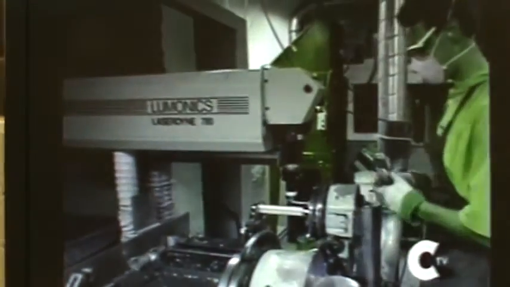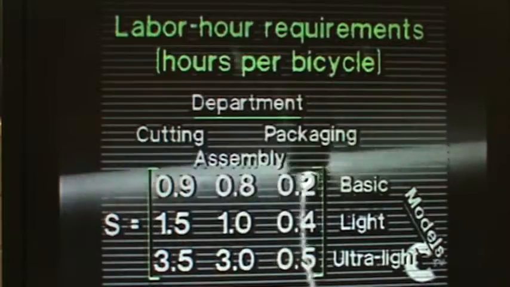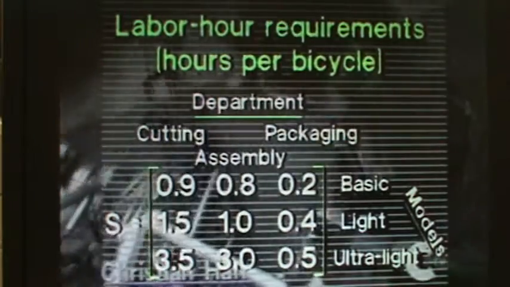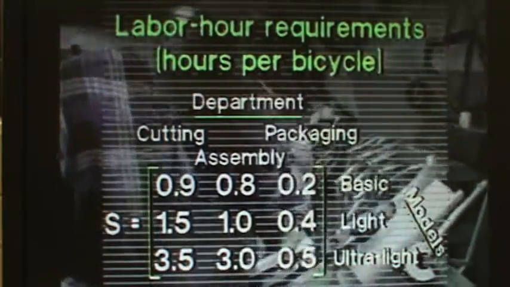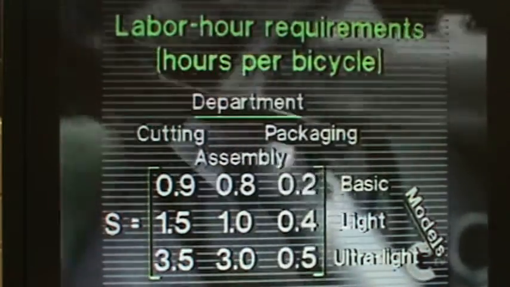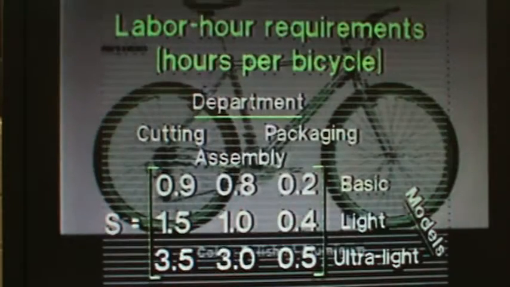A company that manufactures racing bicycles has the following labor hour and wage requirements. Here's a graph of part of those requirements. The labor hour requirements. This is hours per bicycle for the entries in the matrix. Now notice the departments: cutting, assembly, and packaging, and the various models of bicycles: the basic model, light model, and ultralight models.